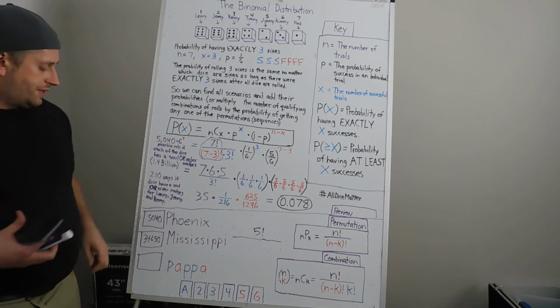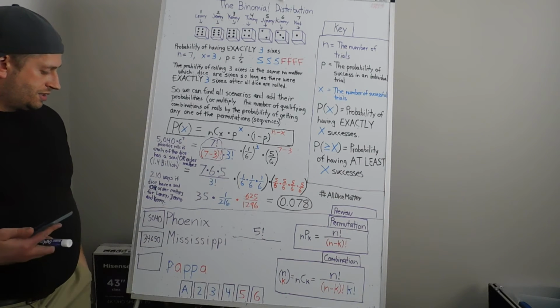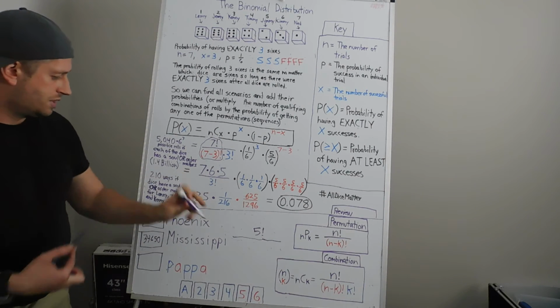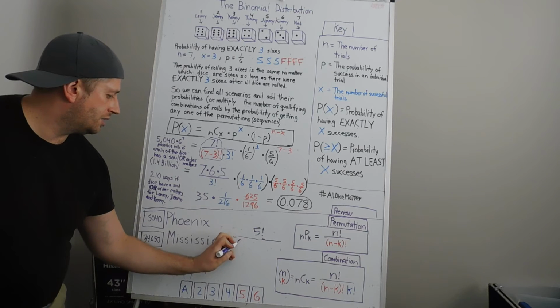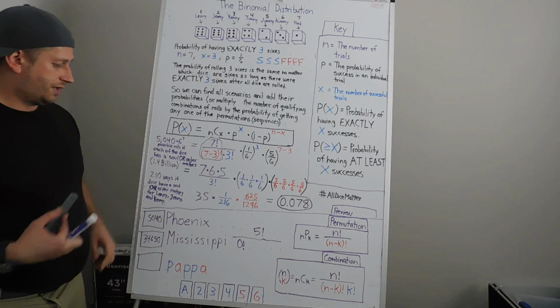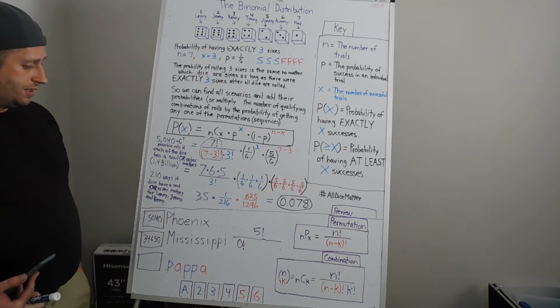Then we're actually drawing all of them, so we also want to do 0 factorial, because 5 minus 5 is 0, so that's still going to be 1.